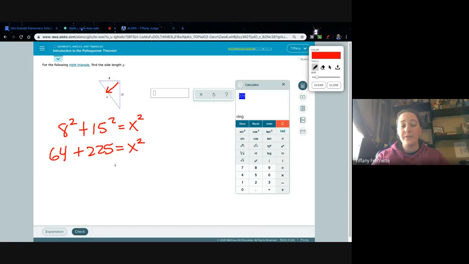So if you don't have your squares memorized, that's perfectly fine. Having your squares and even times tables memorized, the more you have memorized, the easier math will be. If you have to always stop and go back to do simple calculations, it does make it more frustrating. So the more you have things memorized, the easier it will be.